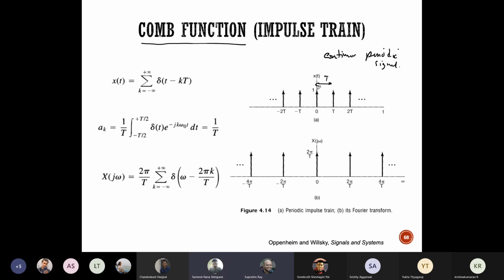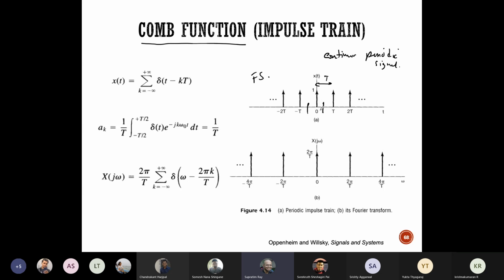Now I ask, what's the Fourier transform of this? And you will say, okay, it's a periodic signal, so I need to take the Fourier series first. The Fourier series is just this, which is just 1 by T. I integrate over one period, minus T by 2 to T by 2.